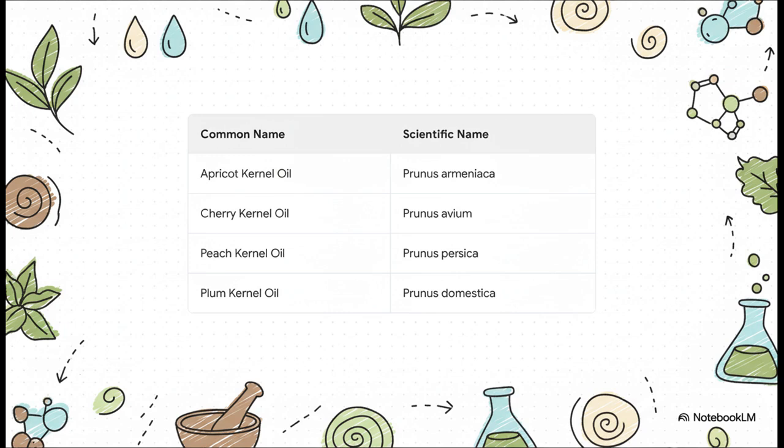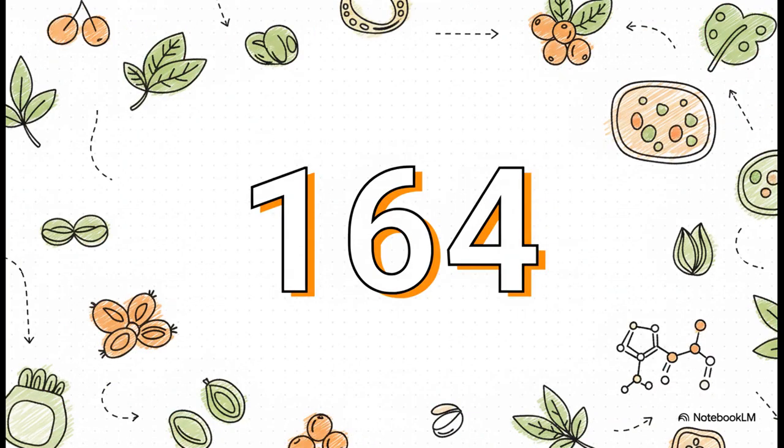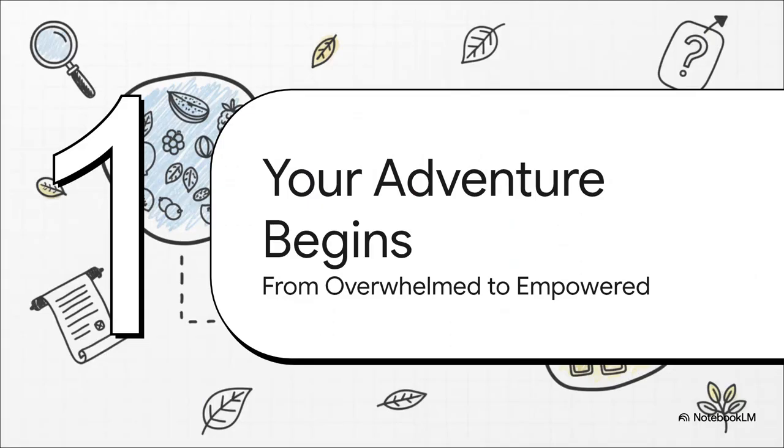How cool is that? So let's circle all the way back to that big number from the start, 164. Now that we have our map, does that number still seem so overwhelming? Or does it look more like a world of 164 opportunities? 164 potential ingredients just waiting for you to discover them and combine them in brand new, creative ways. Because that's the whole goal of having a map, right?